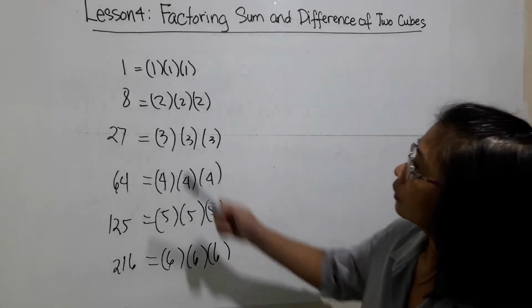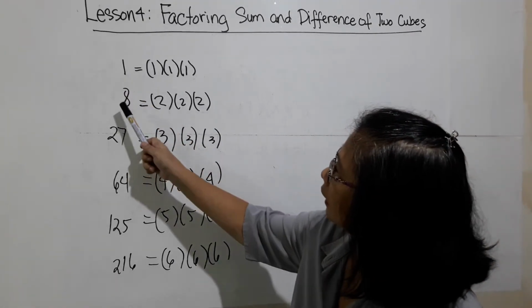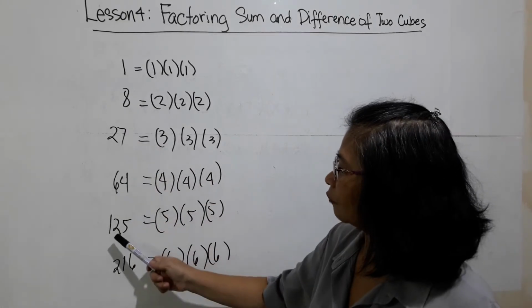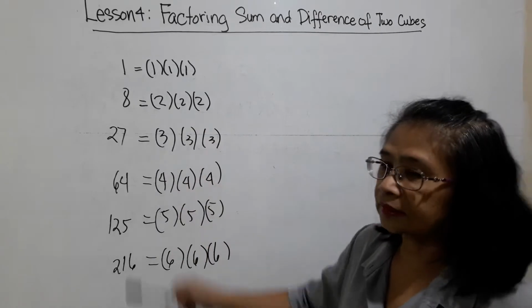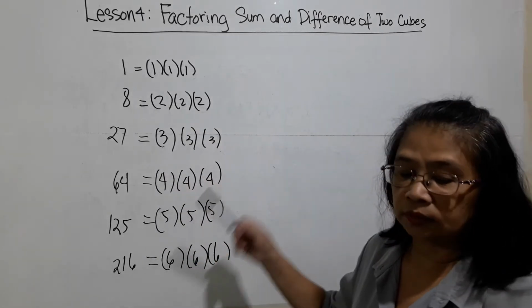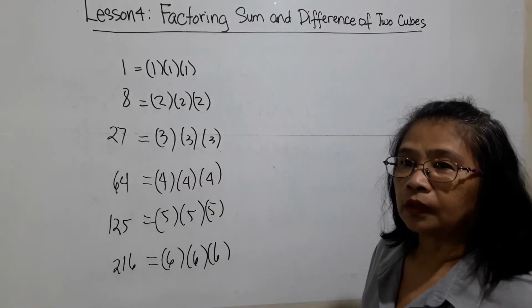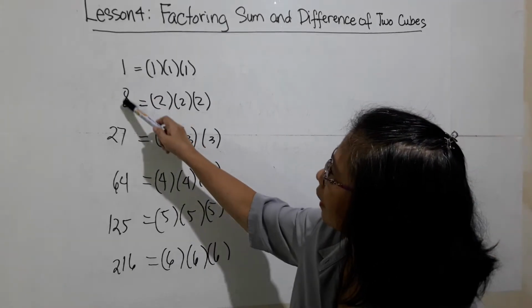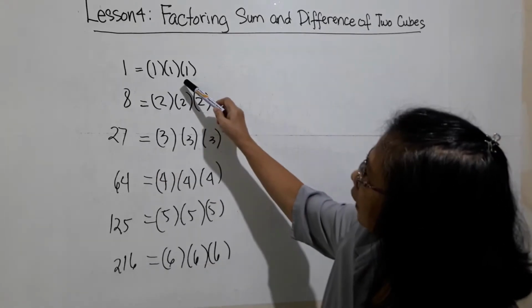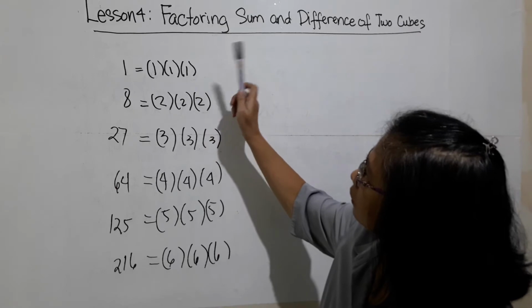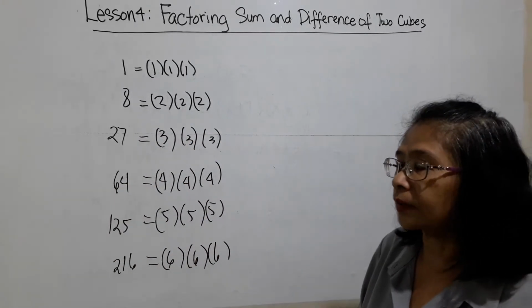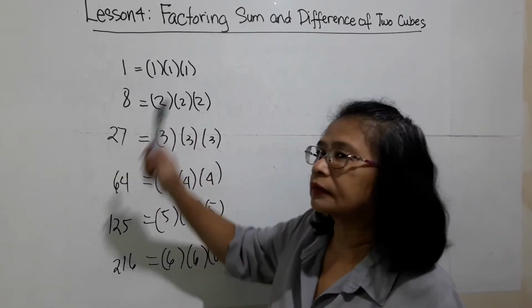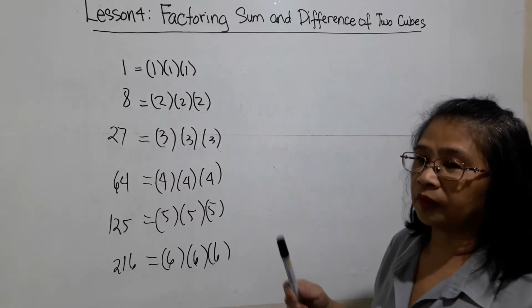Now, 1, 8, 27, 64, 125, and 216 are examples of perfect cubes. These are the numbers that, when one factor is multiplied by itself 3 times, will give that number, and that number is the perfect cube.